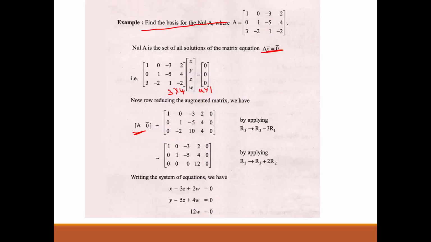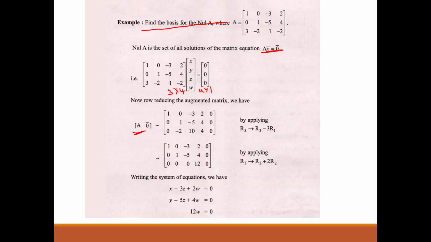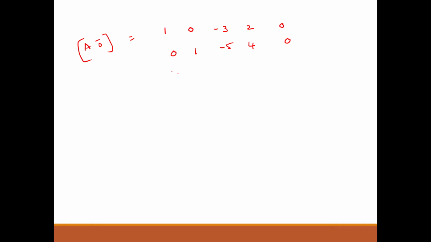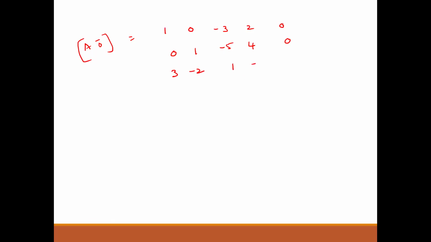A 0 is, what is your A? 1, 0, minus 3, 2, 0. Next 0, 1, minus 5, 4, 0. Next 3, minus 2, 1, minus 2, 0.